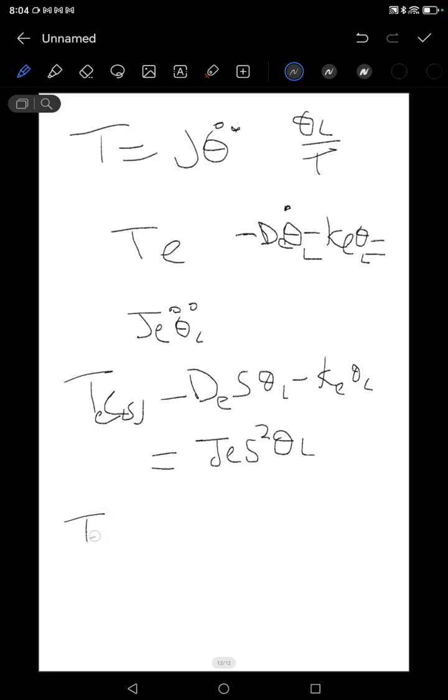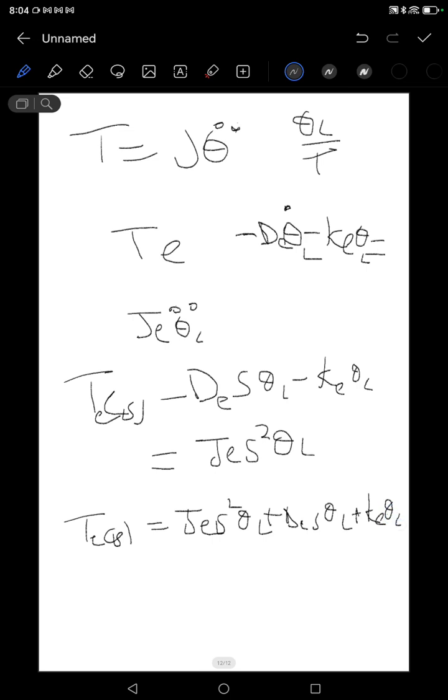So we have TE of s equals JE s squared theta L plus DE s theta L plus KE theta L, like this.